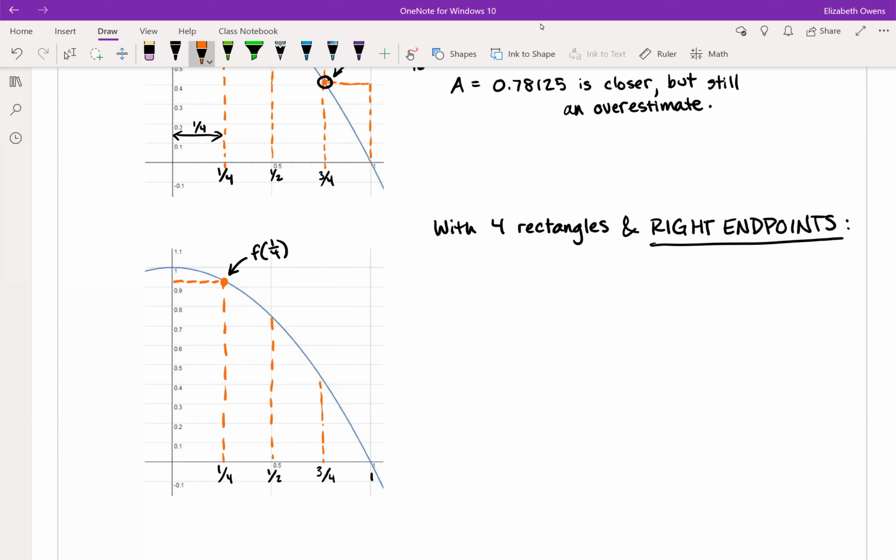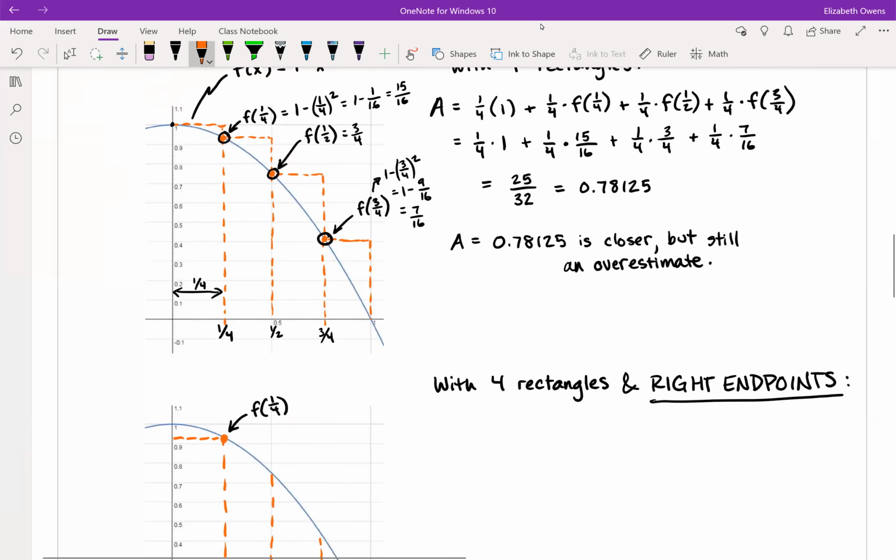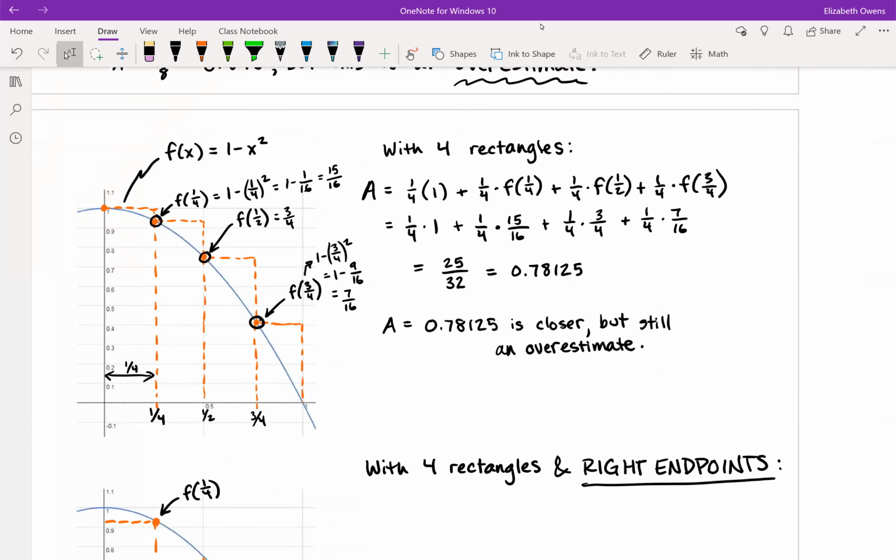So that is going to come in underneath the parabola in this case, instead of going over the top like the previous one did. On the previous graph, we were using the left endpoint to set the height for that first rectangle. The one we used for the height was f of 0. It's on the left side of the first rectangle, so this was using left endpoints.